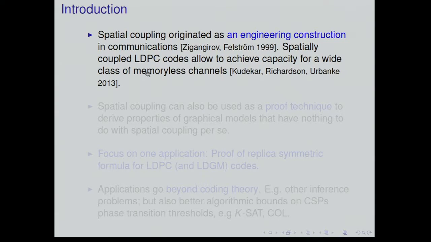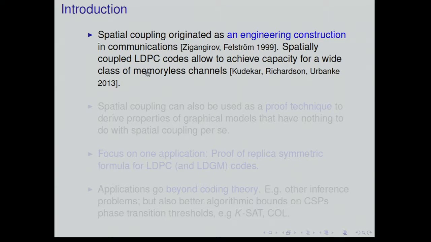Rudiger can tell you more, but maybe people didn't realize how nice this construction was at first. And well, finally, with progress that was made in theory, it was realized that spatially coupled codes achieve the Shannon capacity for a wide class of memory-less channels.